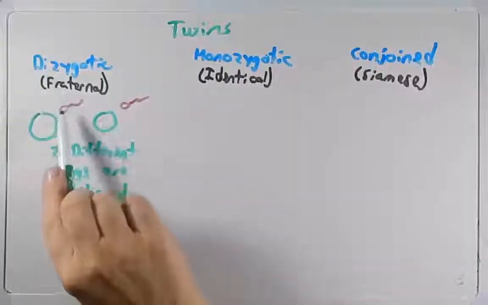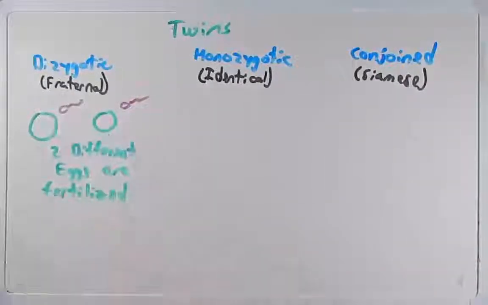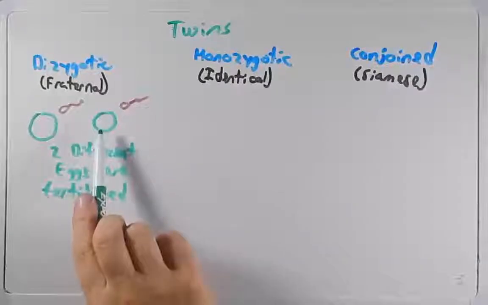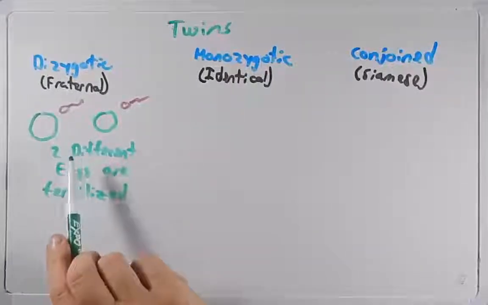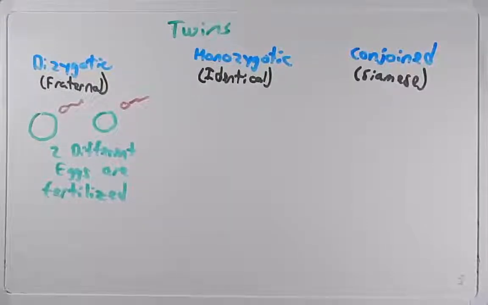Di for two, and two separate zygotes are formed. These two zygotes that form, as far as the genetics are concerned, are no different than two other siblings. Ultimately, they will share that same prenatal environment, and that in itself makes them unique. But as far as the genetic level is concerned, they're the same as any two siblings.